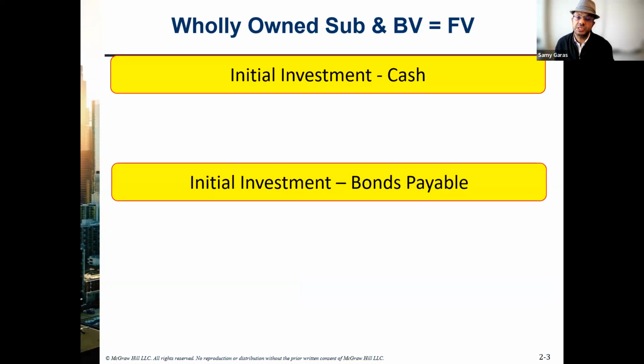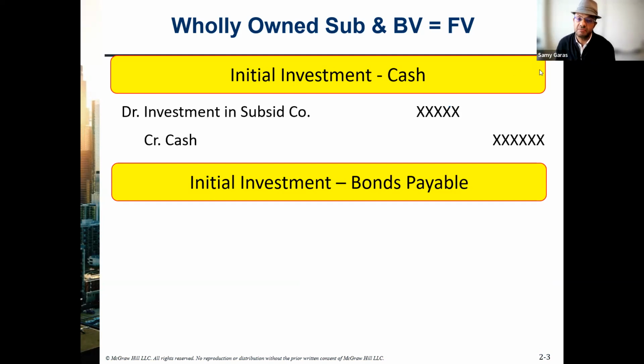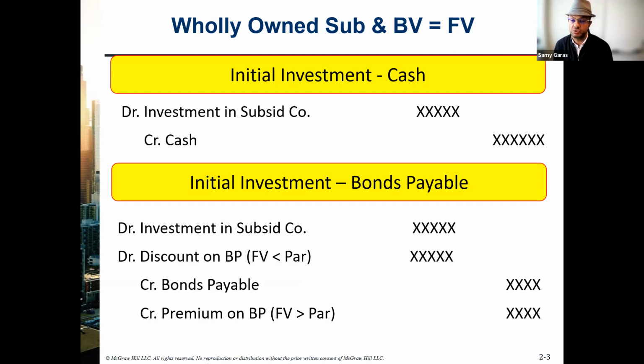In chapter 2, we said whenever we buy a company, we might pay cash or bonds or preferred stock. What is the journal entry for payment in cash? We debit investment in subsidiary company and credit cash. But if we give bonds payable, we face an issue here.